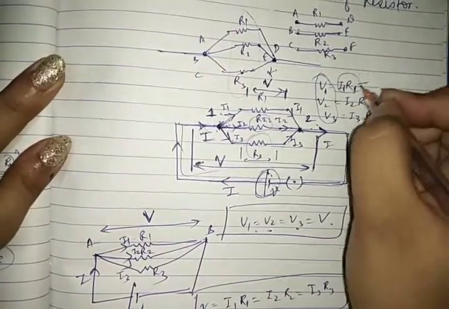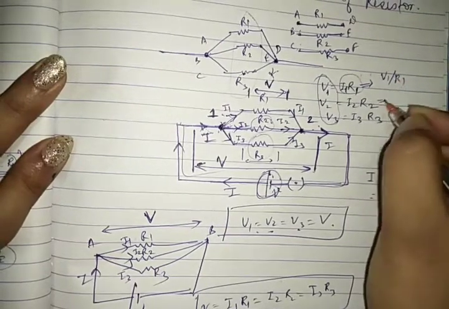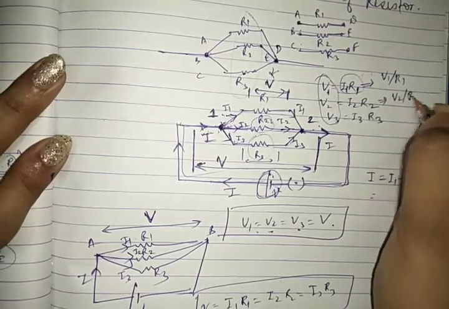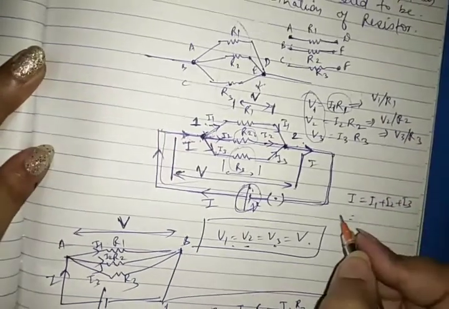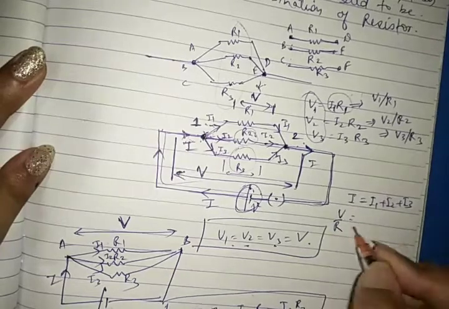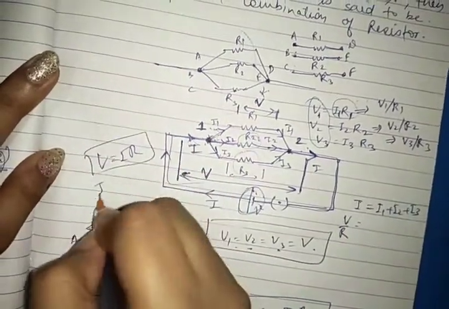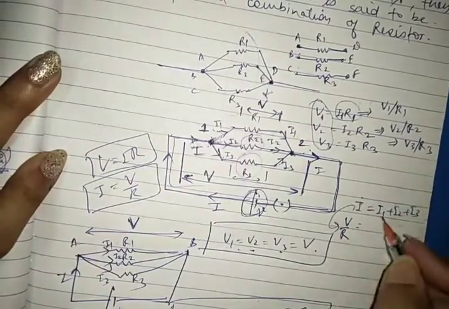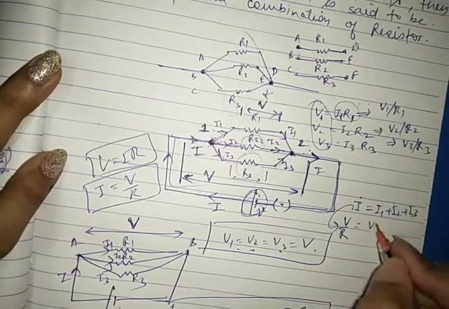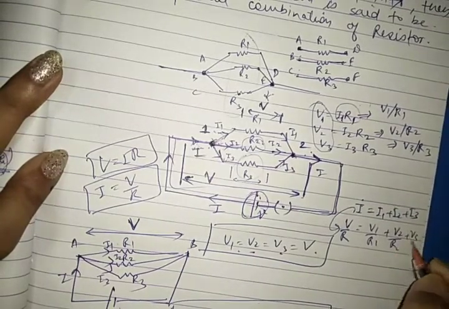From here you can say I1 is nothing but V1 upon R1, I2 is nothing but V2 upon R2, and I3 is nothing but V3 upon R3. By putting these values, I equals V upon R, as V equals IR. So I equals V1 upon R1 plus V2 upon R2 plus V3 upon R3.